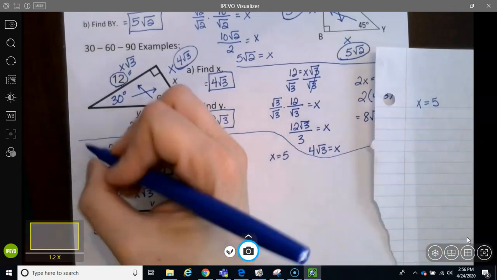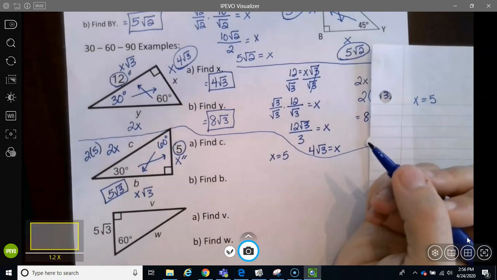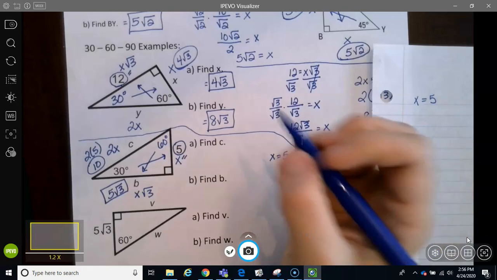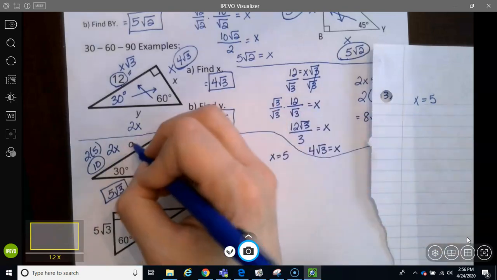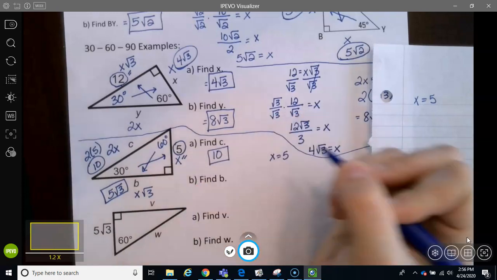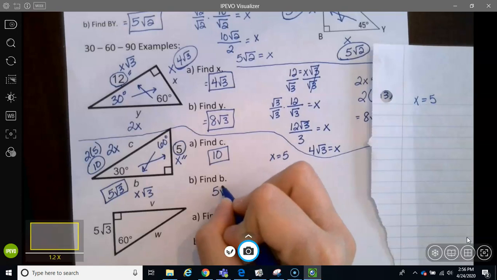And for the hypotenuse side, that's just 2 times 5, because you're substituting 5 for x, and you get 10. So the side that was labeled C ends up being 10 for its length, and the side that was labeled B is 5 square root of 3.